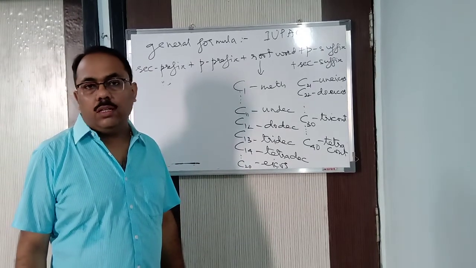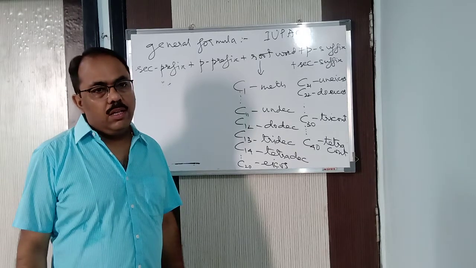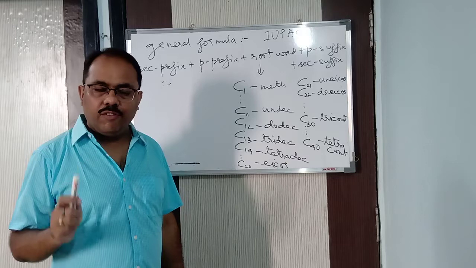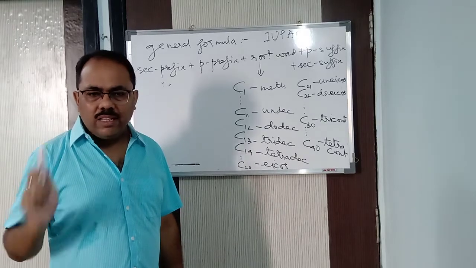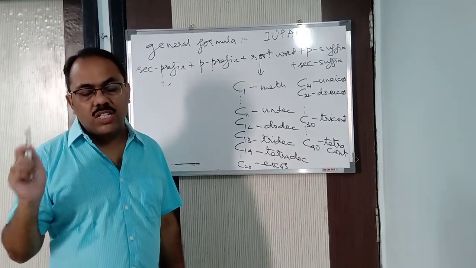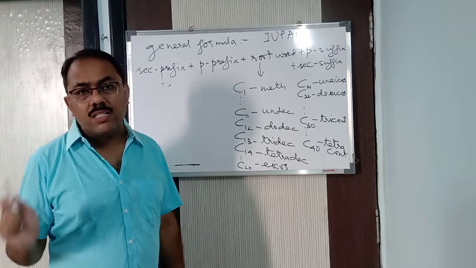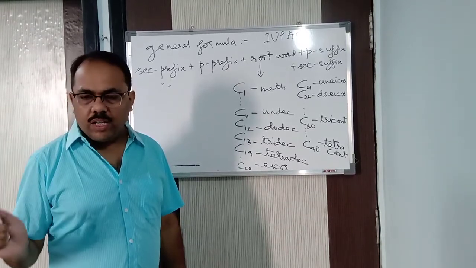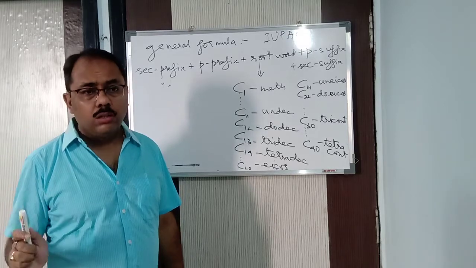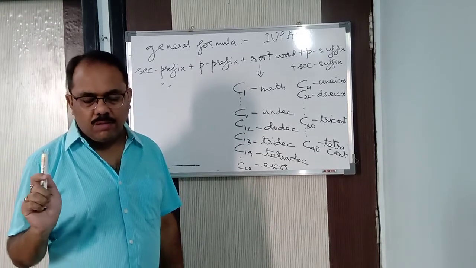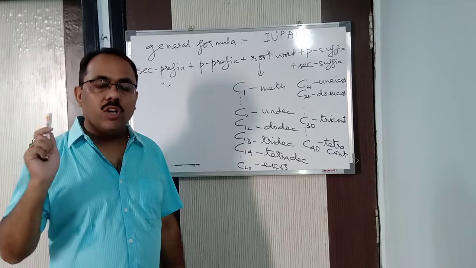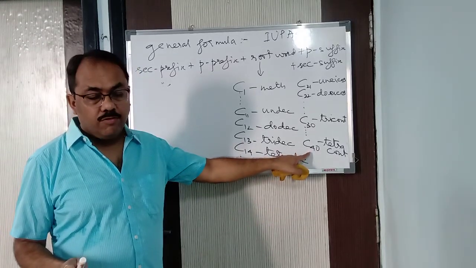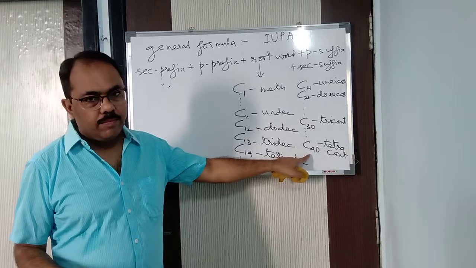I'm not sure about the year. It asked: write the root word of the organic compound which contains 40 carbon atoms. Listen carefully. Root word I am asking, not the IUPAC name of the compound. 40 carbon atoms are there.